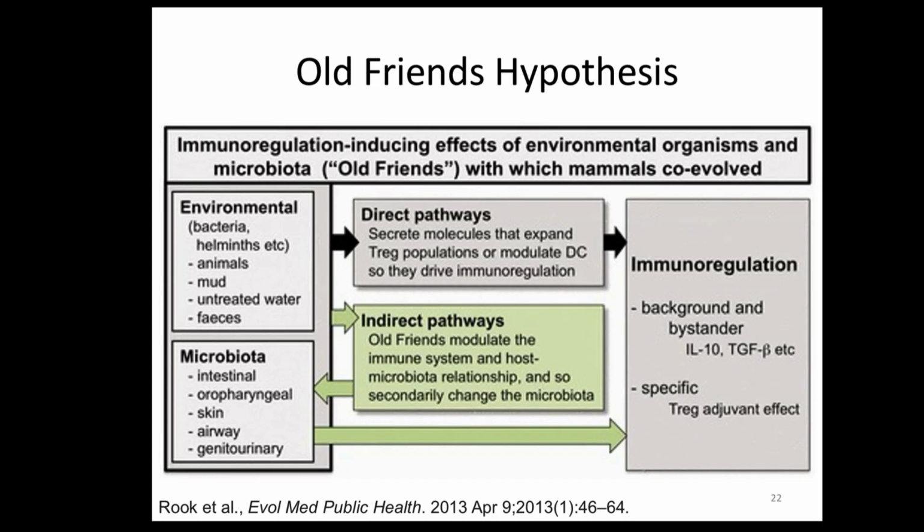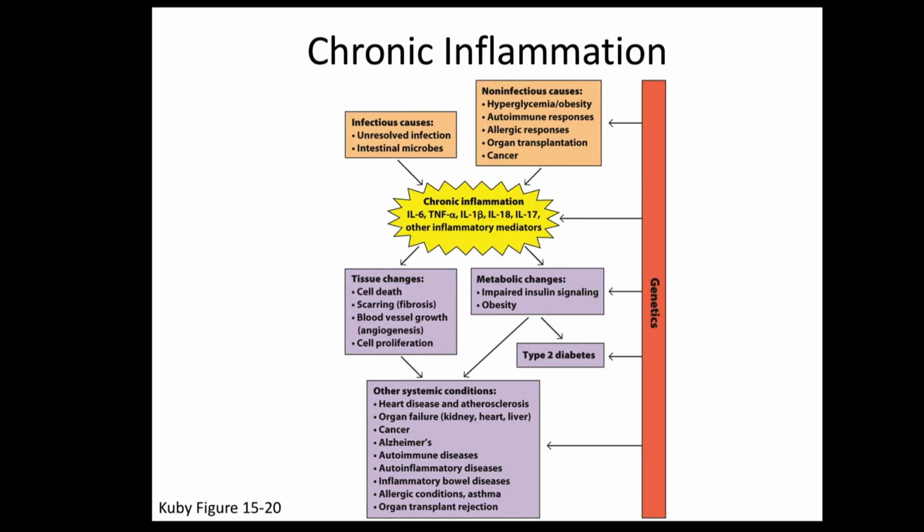And so you can see this lists all of these things in the environment as well as things in the microbiome. They all can help us be regulating our immune responses correctly. And as we mess up all of those different responses, we may end up with unregulated inflammation.